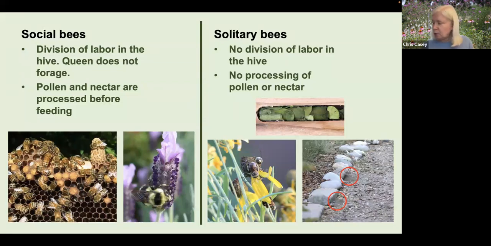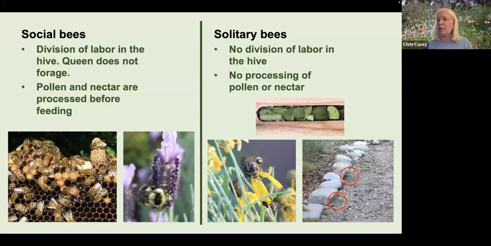And with the solitary bees, the females are the ones that are building the nests, laying the eggs, provisioning the food for the young. And so you'll often see clusters of the male bees gathered on plant stems at night because they have nowhere to go. When the females go into the nest at night, the males cluster on plant stems, waiting for the next day for females to come out so that they can look for them for mating.